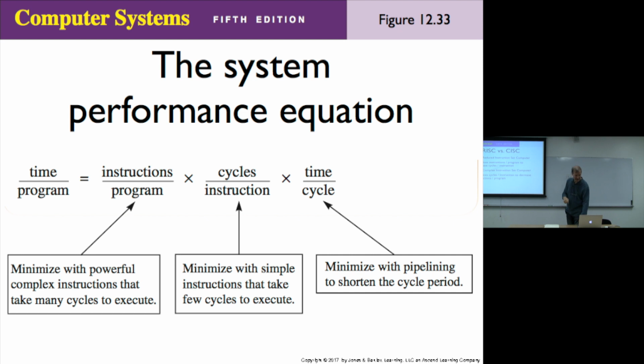And in fact what happens is, guess what? What is the ultimate way to minimize this here, in the system performance equation? What's the way to minimize that middle term as much as possible? Cycles per instruction. How many cycles do you think it can be minimized to?